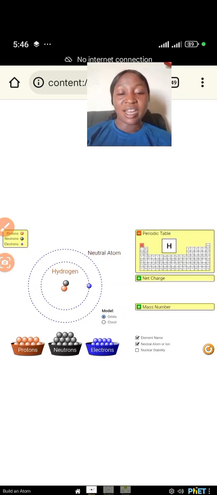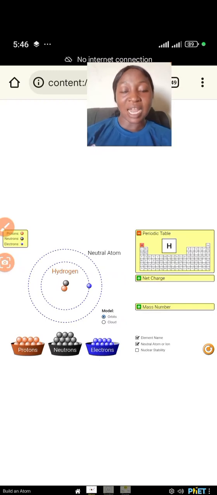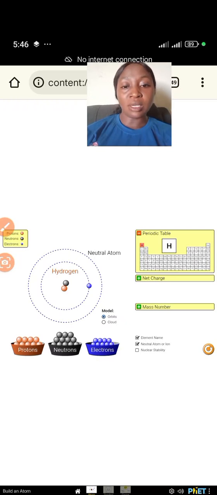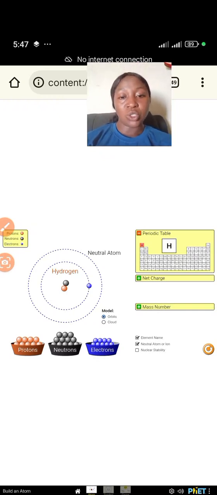And so the electron is at the outermost, not in the nucleus. And so what you can deduce from this is that neutral hydrogen contains one proton, one neutron, and one electron.